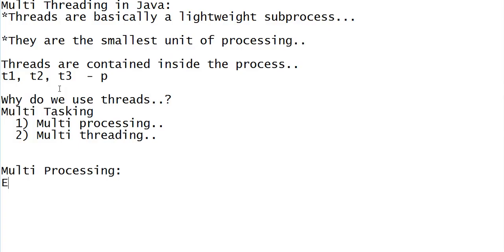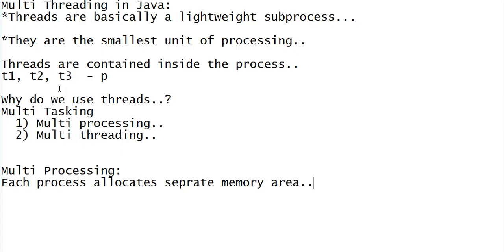For example, if a process P1 comes into the picture and demands 16 bits of space in memory, the 16 bits are allocated to P1.